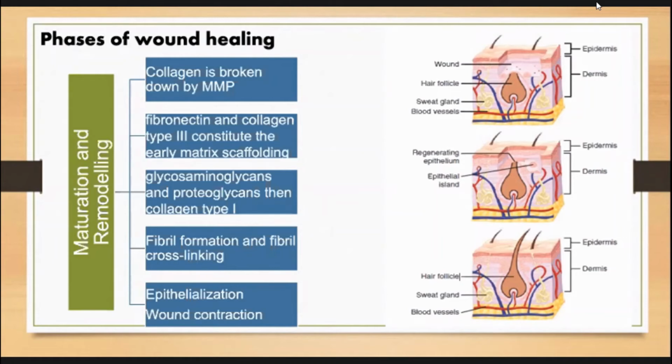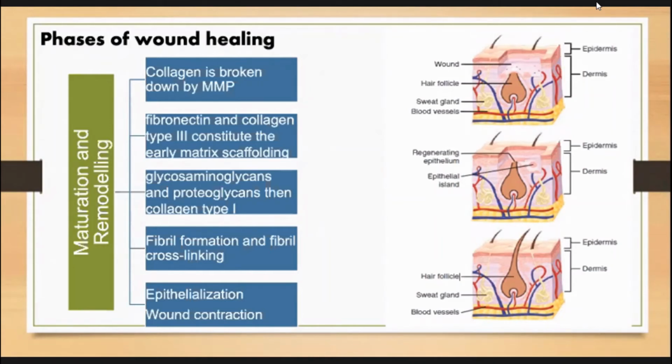Wound strength and mechanical integrity in the fresh wound are determined by both quantity and quality of the newly deposited collagen. The deposition of matrix at the wound site follows a characteristic pattern: fibronectin and collagen type 3 constitute the early matrix scaffolding.